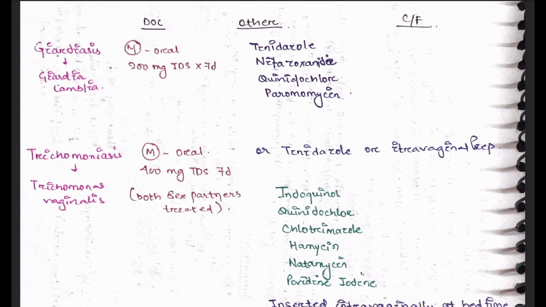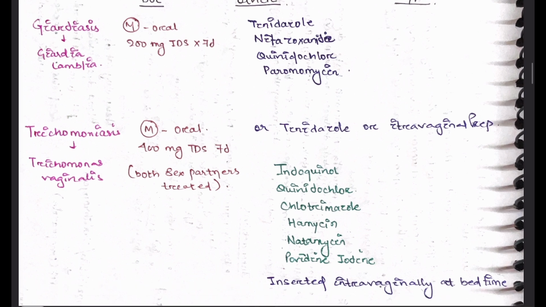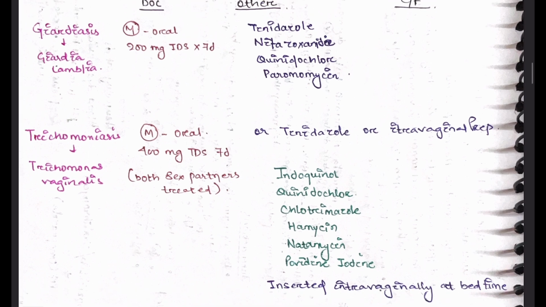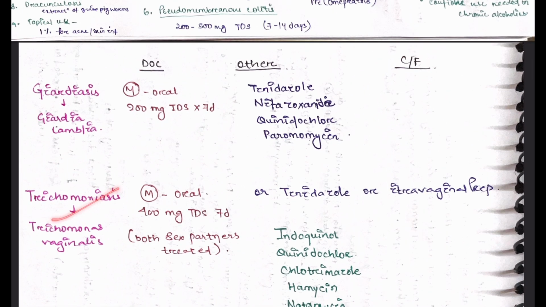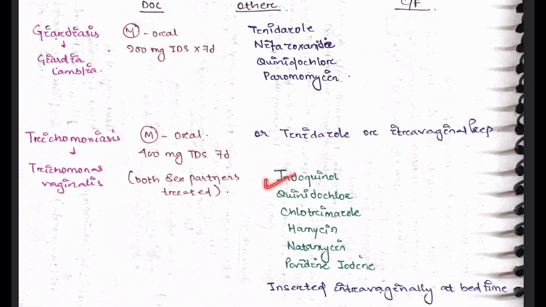What are the other drugs that can be used? One is tinidazole, or we can go for intravaginal preparations. So what are those intravaginal preparations for Trichomonas vaginalis? We use iodoquinol, quiniodochlor, clotrimazole, hamycin, natamycin, povidone iodine.